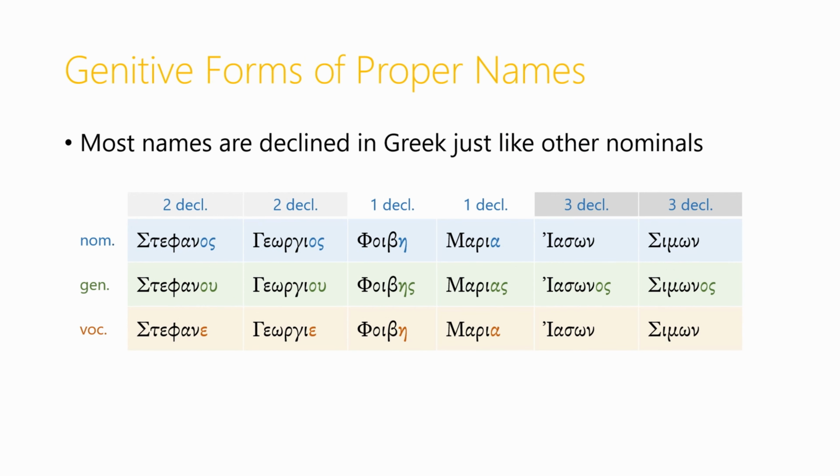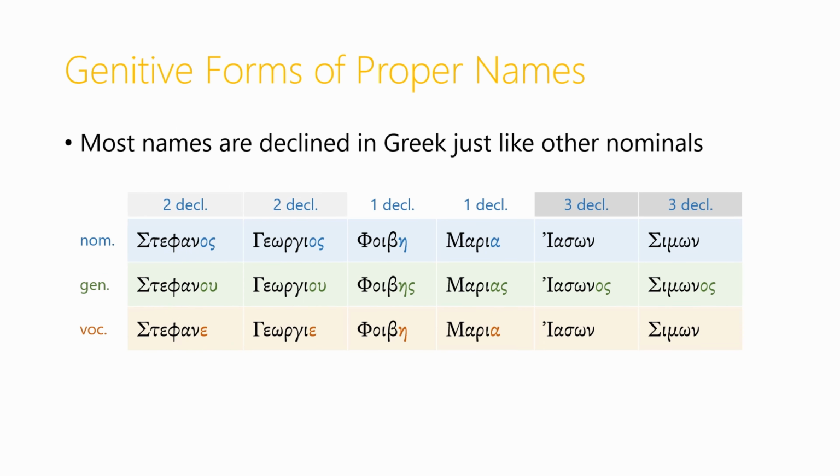The genitive forms of proper names are important to notice because most names are declined in Greek just like other nominals are. And so with Stephanos, which is a second declension proper noun, the genitive form, just like with other nouns in the second declension masculine, is Stephanou, and the vocative is Stephane.